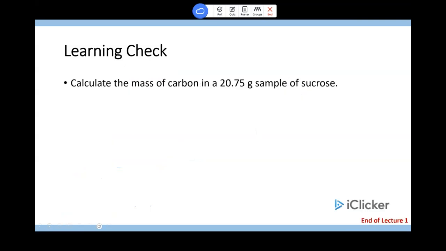So if we're calculating the mass of just carbon in that sample of sucrose, remember, sucrose is 42.1% carbon. So you could simply take the mass of sucrose times, converting the percent to a decimal, 0.421. And this will give you the mass of carbon.